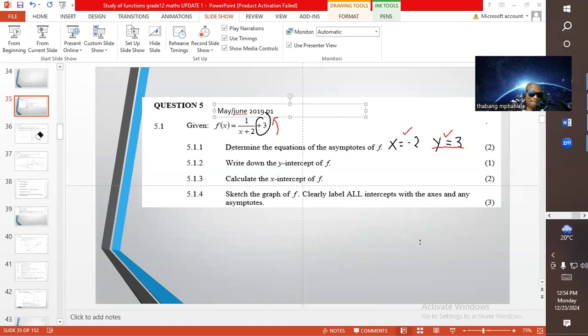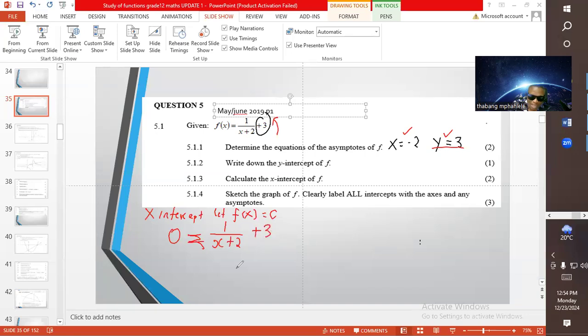So I'm going to say, okay, f of x, which is my y, I'm letting it be 0. Let me say x-intercept: let y be 0. f of x is our y. So at f of x, I'm putting 0. 0 equals 1 over x plus 2, plus 3.